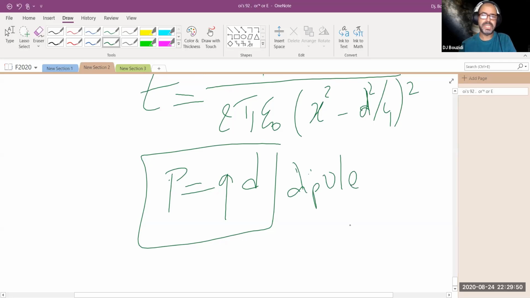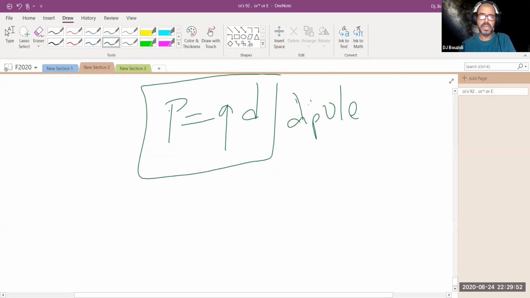The dipole moment is a vector, actually. It's not a scalar. It's the product of the charge and the distance between the two charges. That's all. It's a vector, and it points from the negative charge to the positive charge.